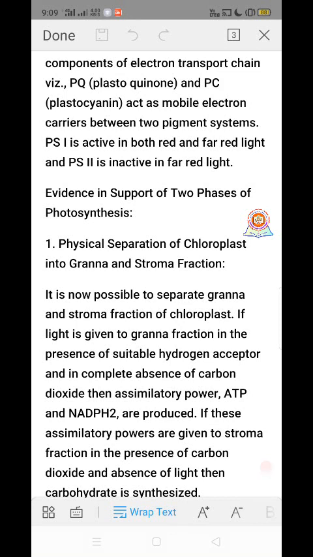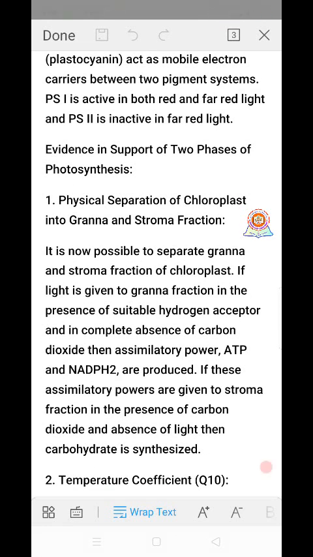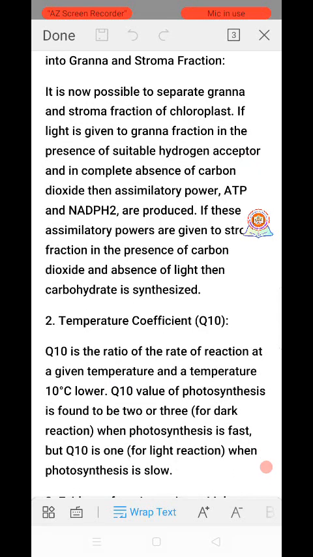If light is given to the grana fraction in the presence of a suitable hydrogen acceptor and in complete absence of carbon dioxide, then assimilatory power, ATP and NADPH2, is produced. If this assimilatory power is given to the stroma fraction in the presence of carbon dioxide and absence of light, then carbohydrate is synthesized.